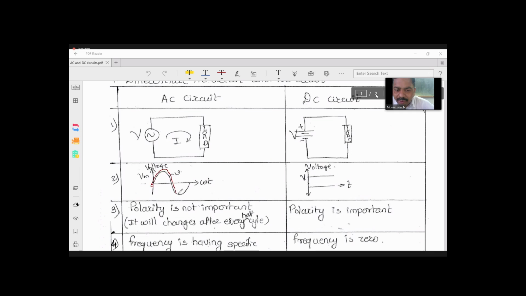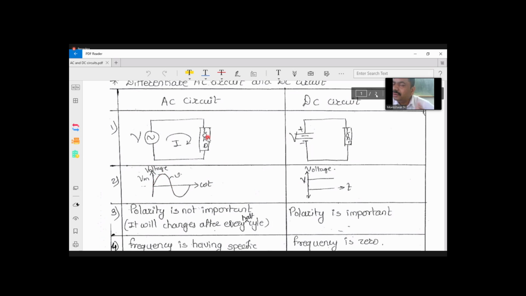It may be a motor. All these are actually AC loads.